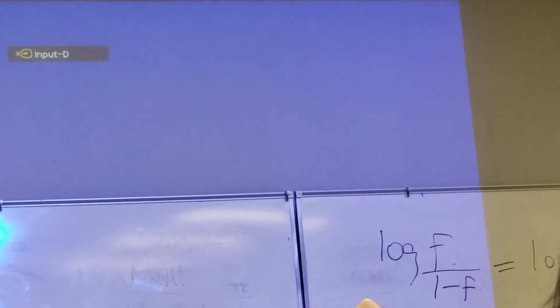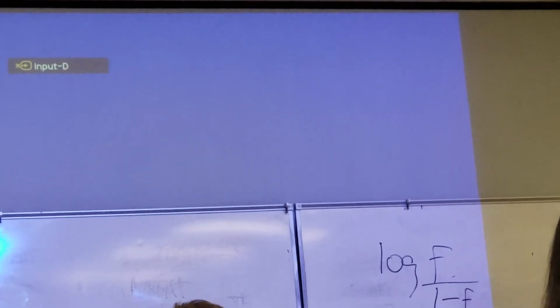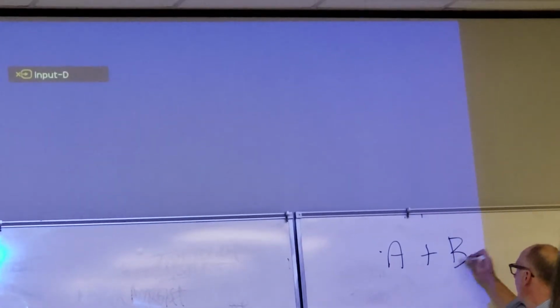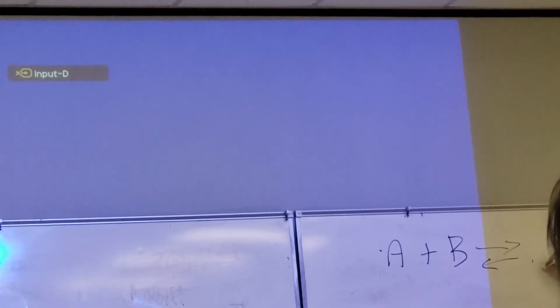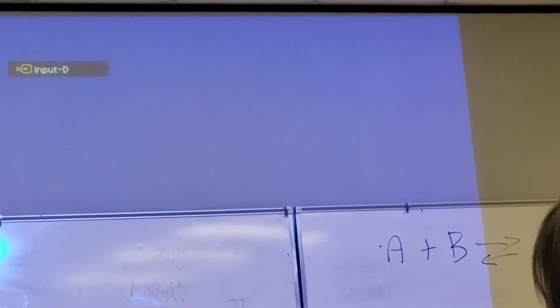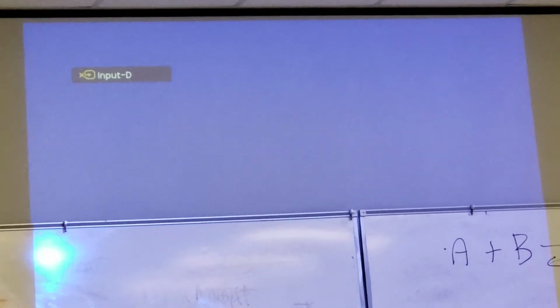Just for ease, I don't want to do things in terms of P and L and stuff like that. I'm just going to do things in terms of a simple reaction of A plus B going to some AB. This will have the dot in it, but I'll probably omit it. All right, so with this type of generic equation, what is my KD equal to?